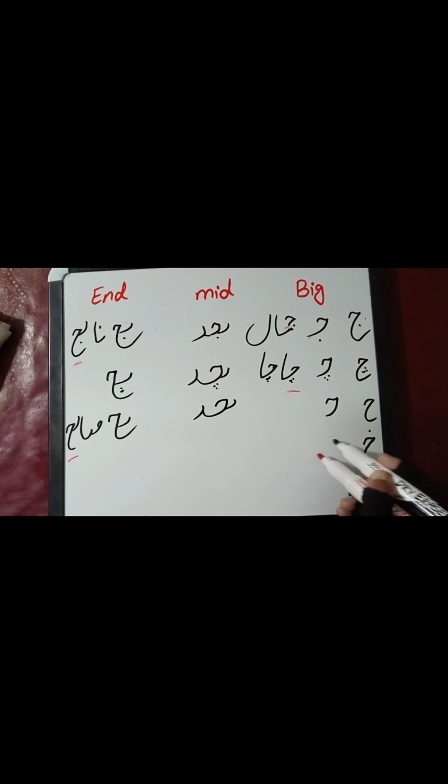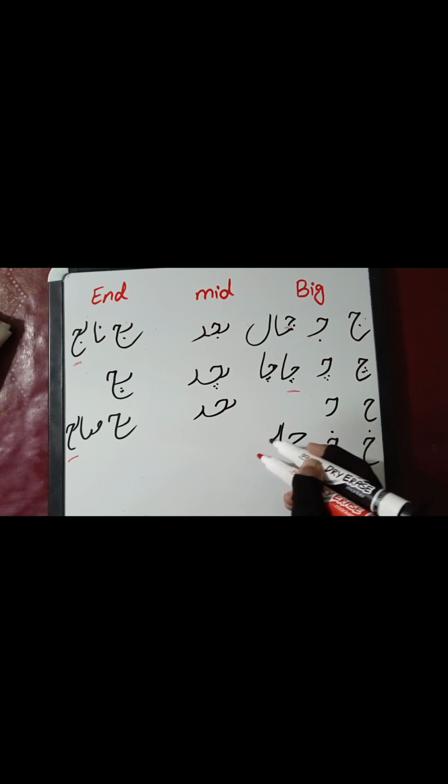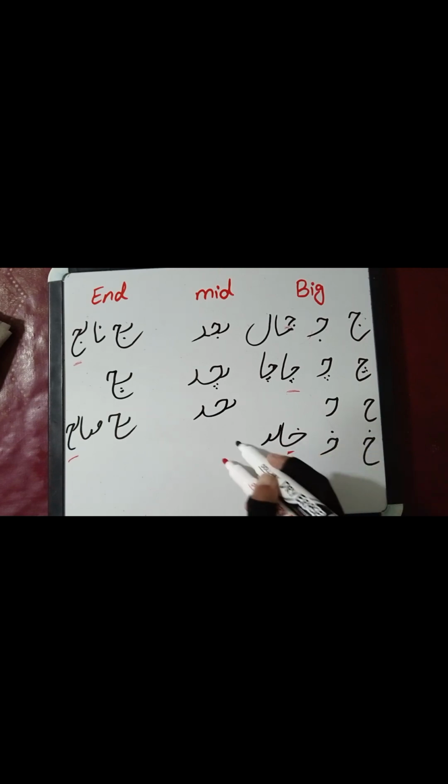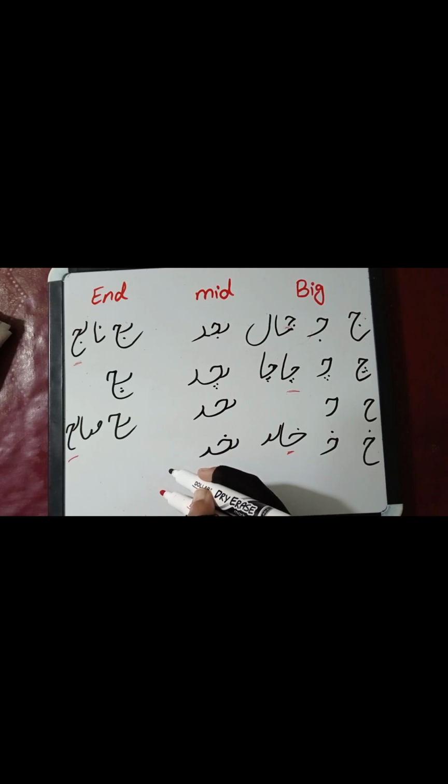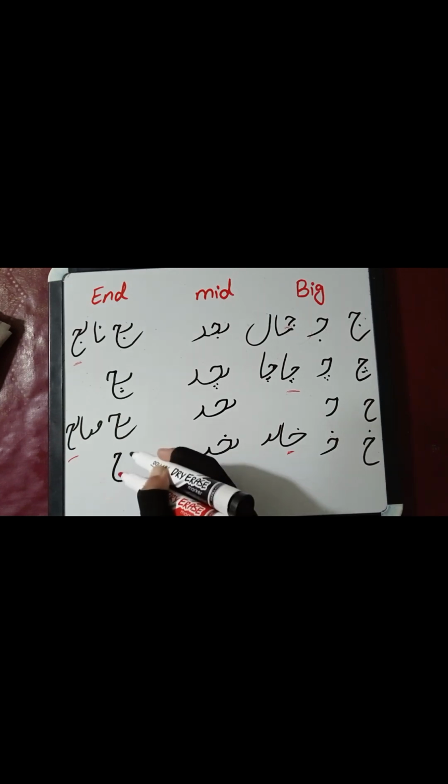Khe, same beginning position like Khalid, this one, the same middle position with two connectors, and same ending position with one connector.